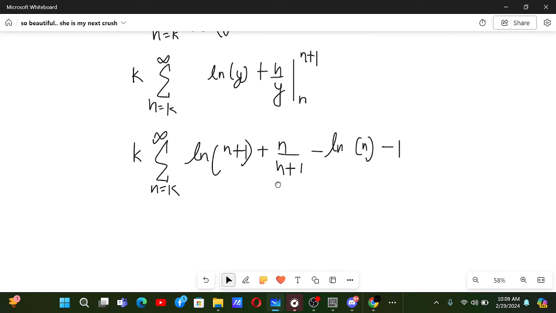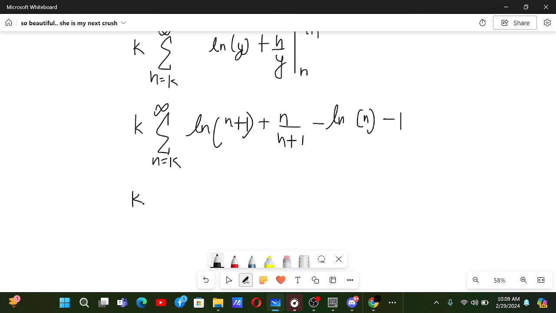So now k times the sum going from n equals k to infinity. Now this is just ln of n plus 1 by n. And now if I take minus 1 over here, this will be minus 1 by n plus 1.